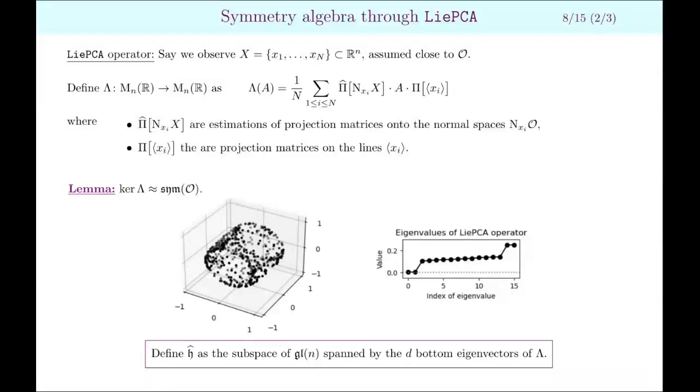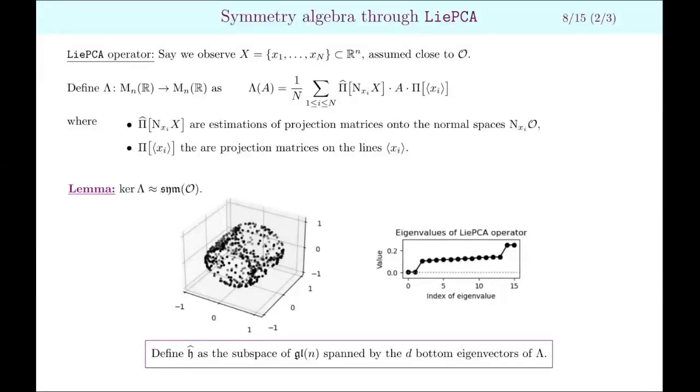There is just one problem for us, and that is that this technique only estimates the symmetry algebra as if it were a vector subspace of matrices. And we don't have any guarantee regarding the Lie algebra structure.